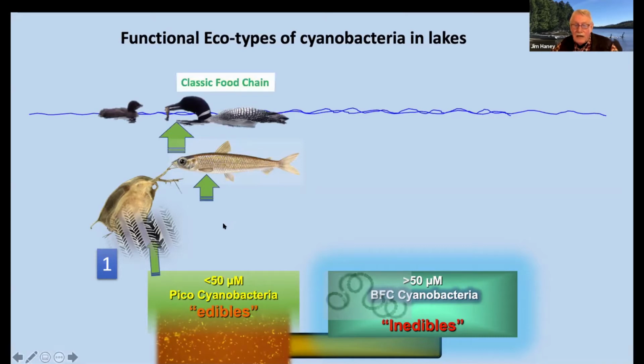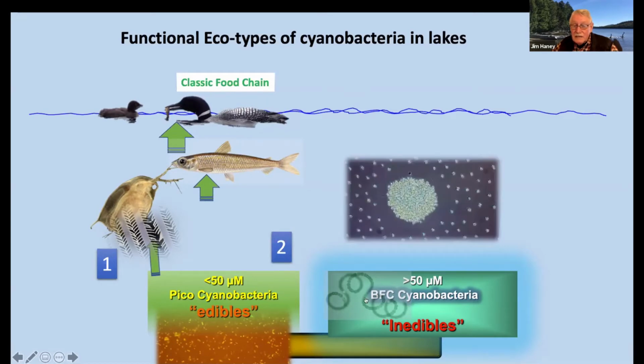And this is sort of a classic food chain. So the small edibles, both in terms of the toxicity, but also in terms of the signal that you get from the fluorometry, are actually really important for the food web.